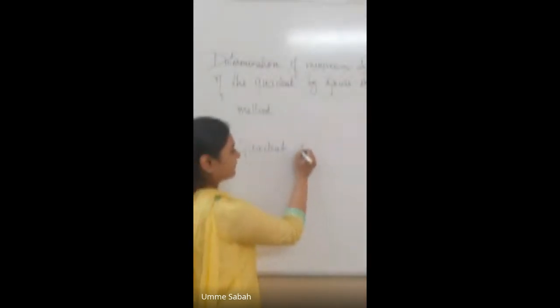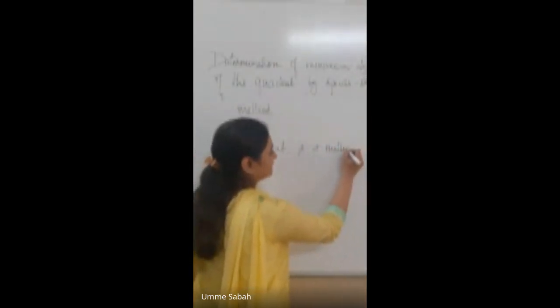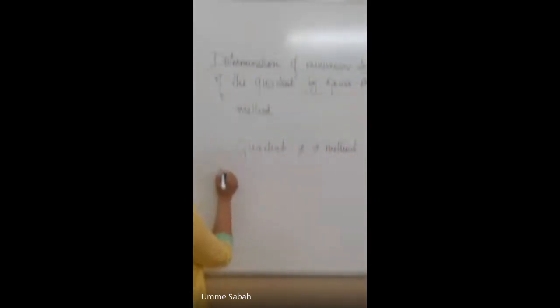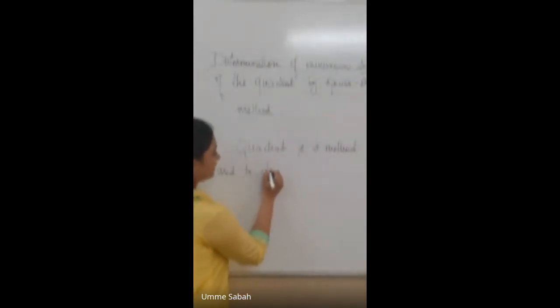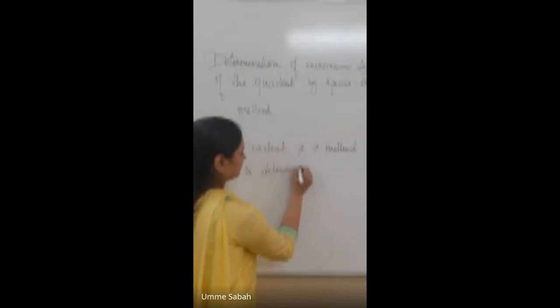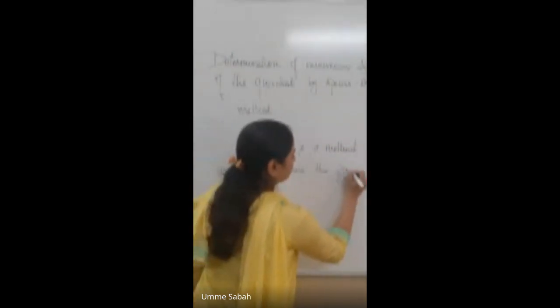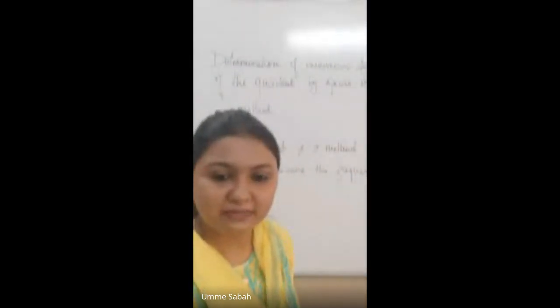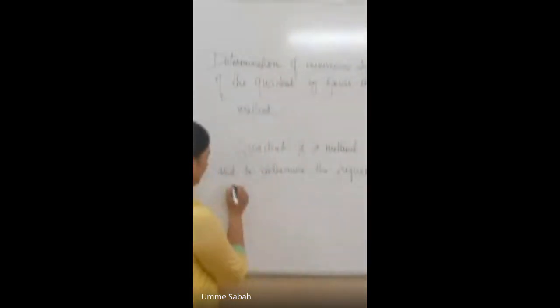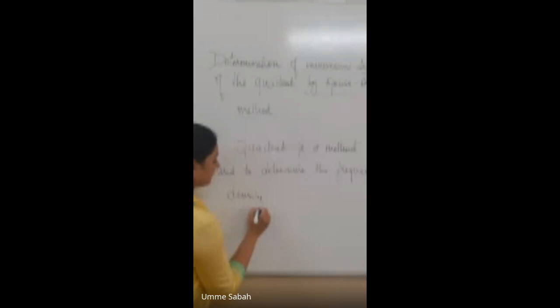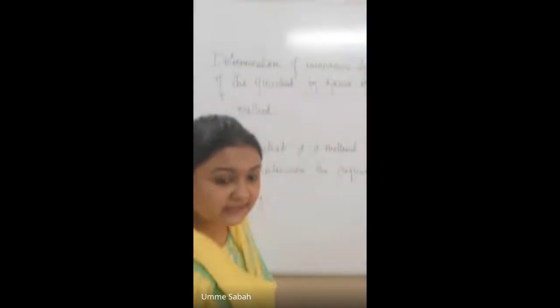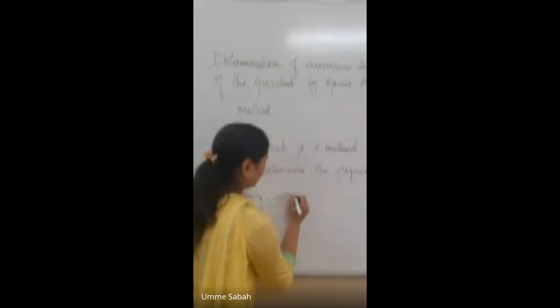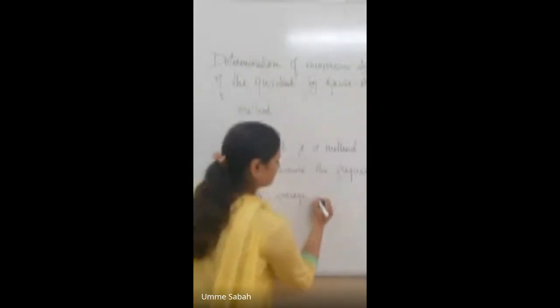Quadrat is a method used to determine the frequency, density, coverage, abundance.